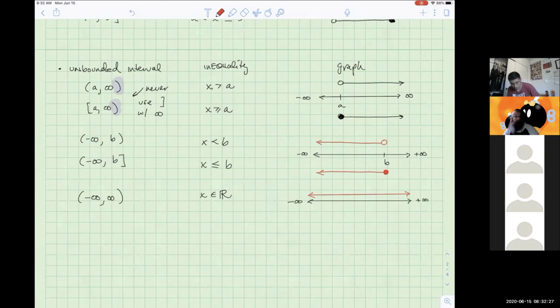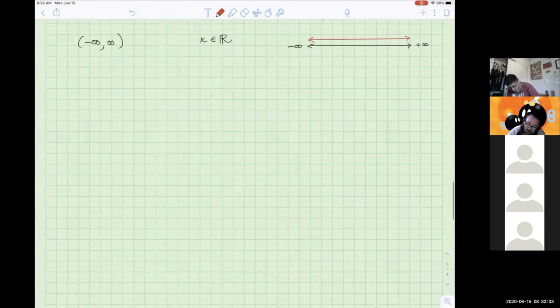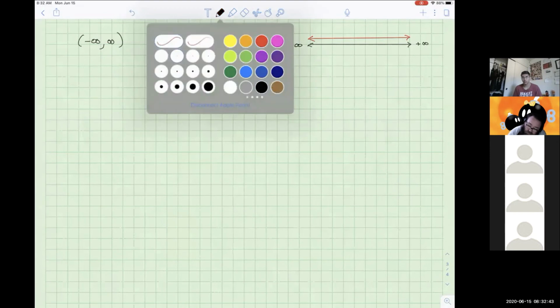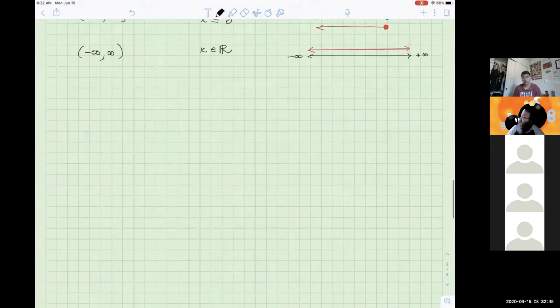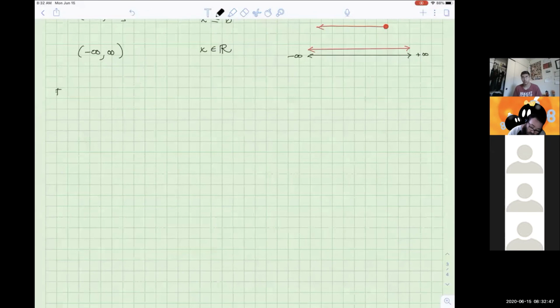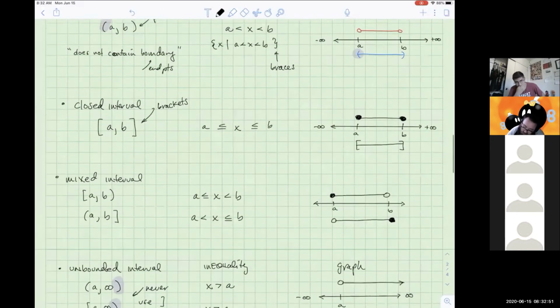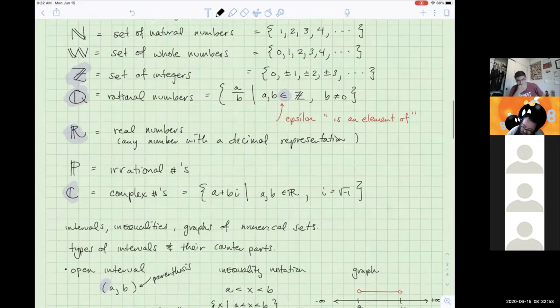Let's see. What else here? Okay. So do I have an example for that? Okay. Let's do an example. Example 2, did I enumerate this first example? I don't think that I did.